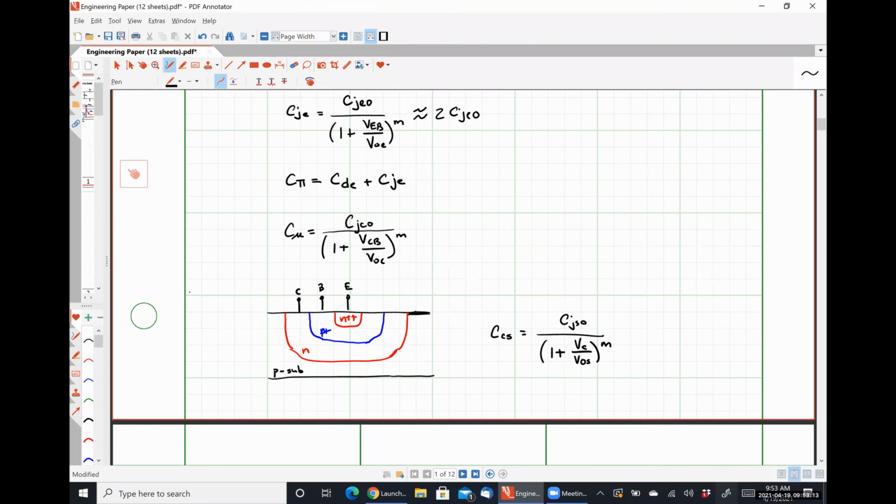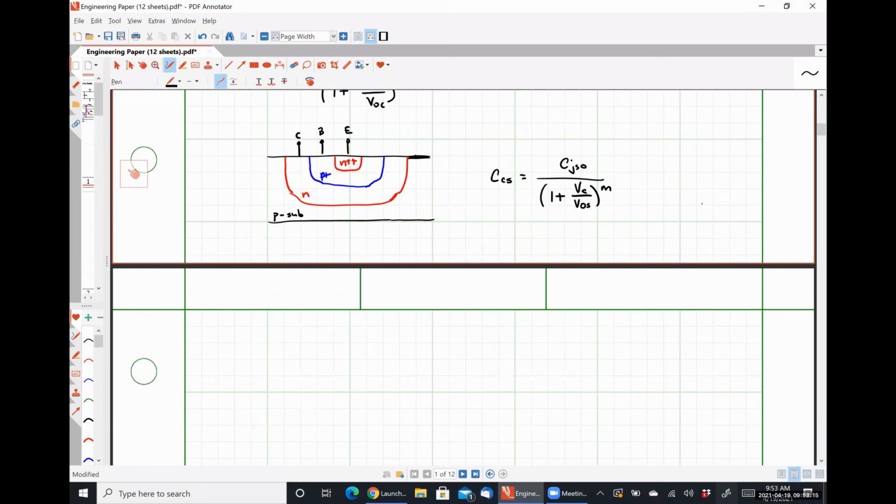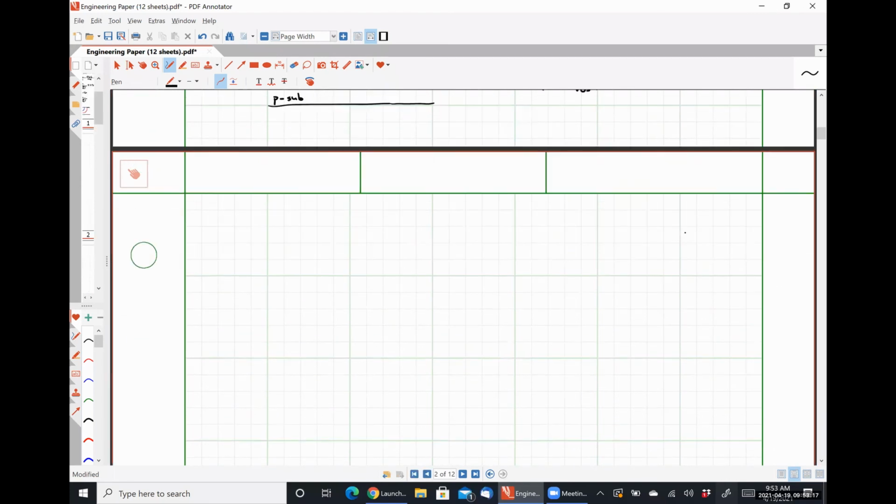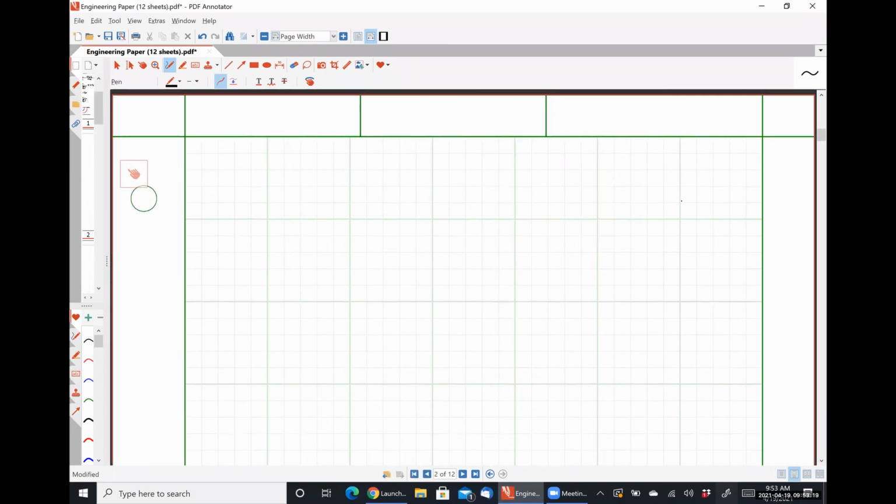All right, so let's take a minute and do a simple example and calculate the values of these capacitances. So let me write down my problem.